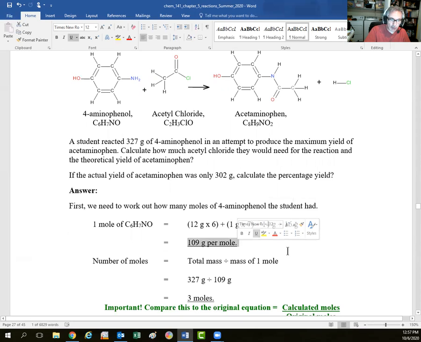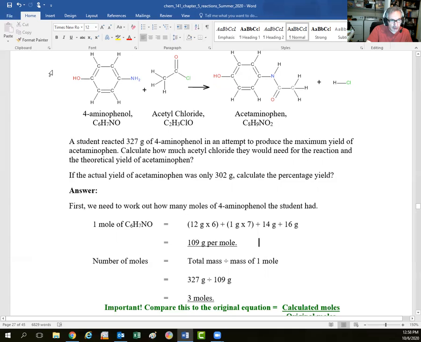That comes to a grand total of 109 grams. It's a little bit over, but usually just round down. And so that total mass we were told about, 327, divided by the mass per mole, 109, is actually 3 moles.